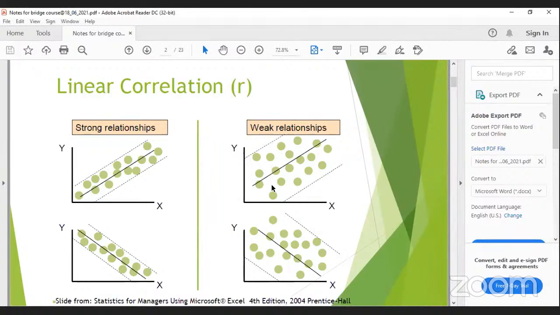The term linear is very important. It is not quadratic or anything else, because Karl Pearson has given only the relationship between two variables which has to be linear. So make sure that it gives just the linear relationship between the two variables.